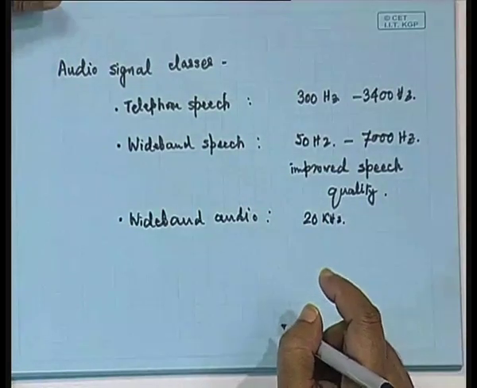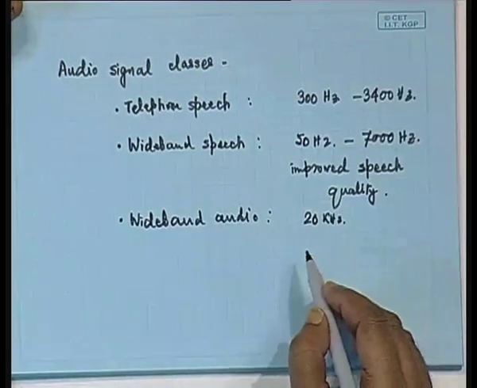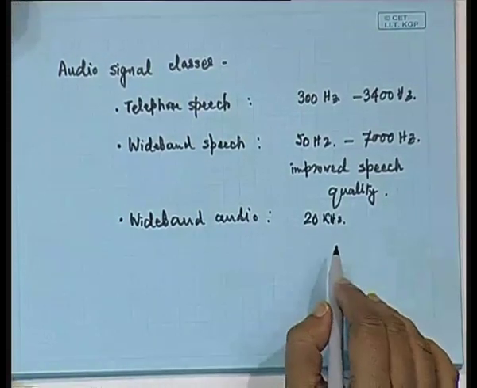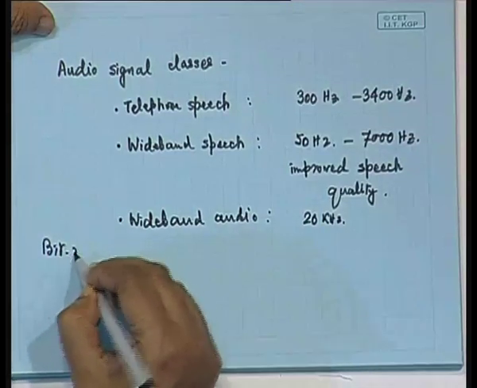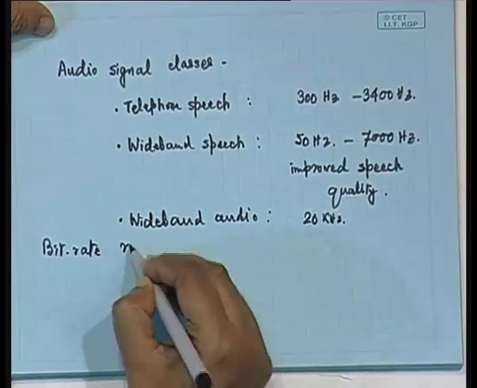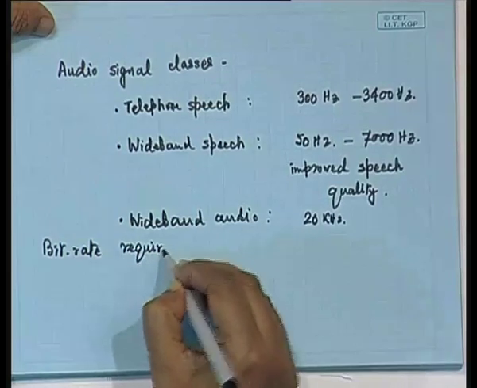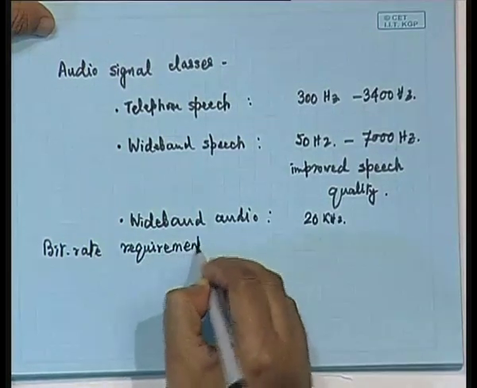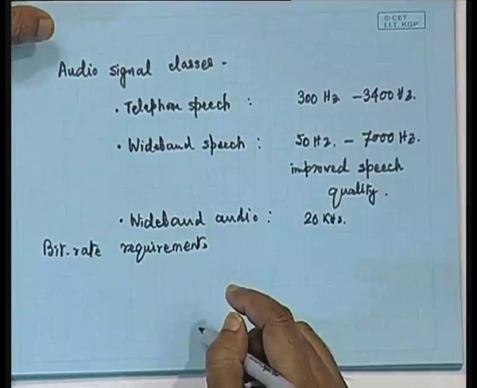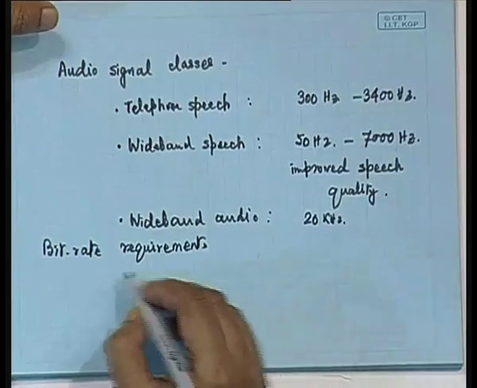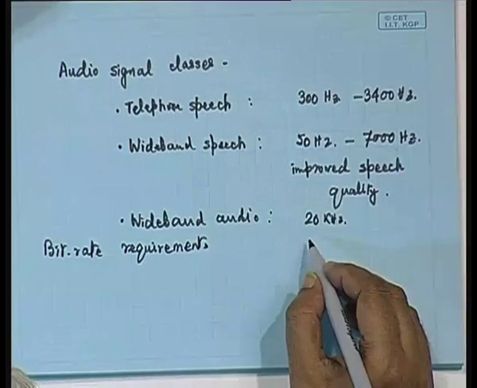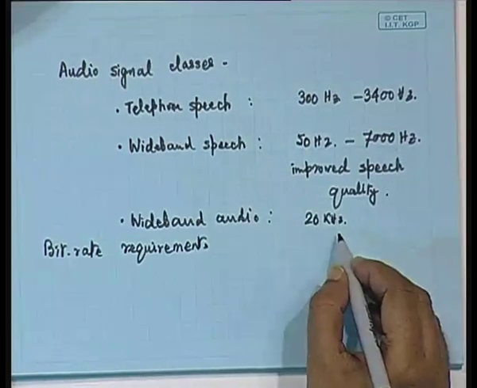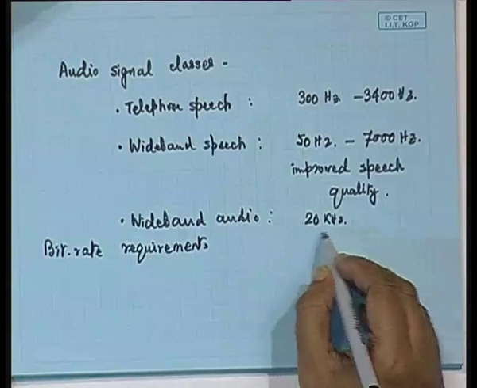Taking this wideband audio application, we can calculate the bit rate requirements. Because the bandwidth is 20 kilohertz, we have to use a sampling frequency higher than 2 times this.